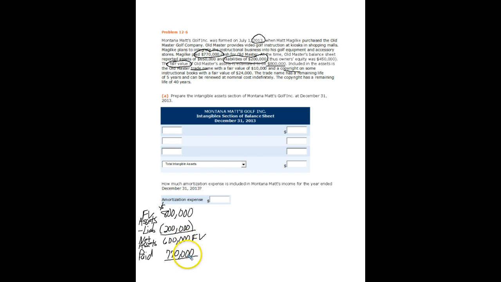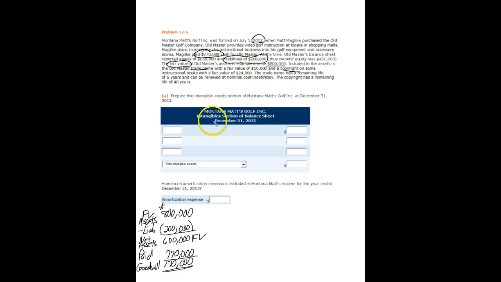It could be the location, the quality of the products, the excellent sales staff, and the reputation of the company. So this additional $170,000 is the extra he was willing to pay for that intangible item of this business. Whatever it is, reputation, quality of merchandise, even location, it gives this business an advantage, and that $170,000 is called goodwill. That extra that he's willing to pay is goodwill.